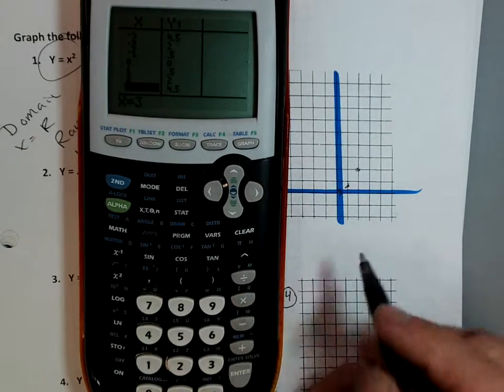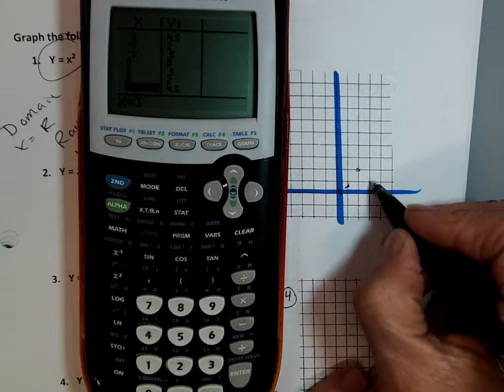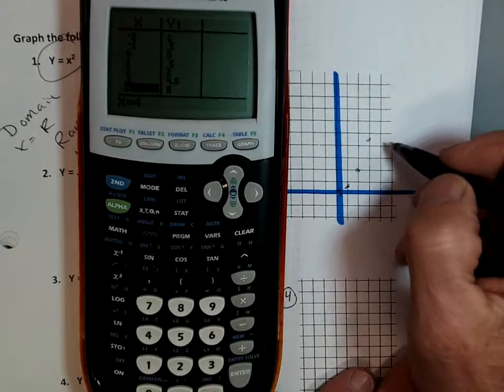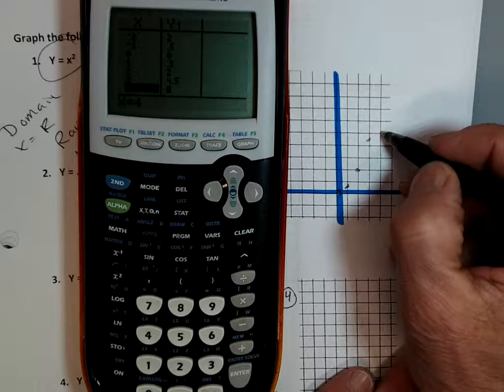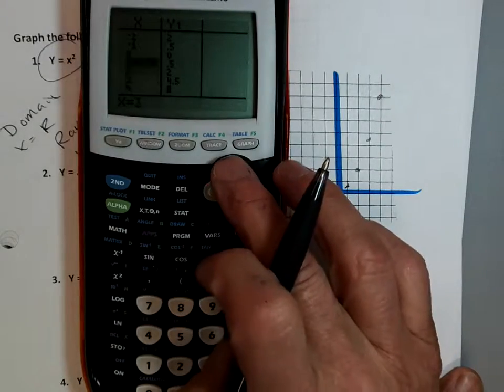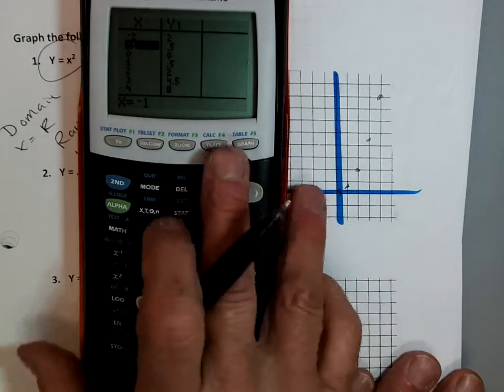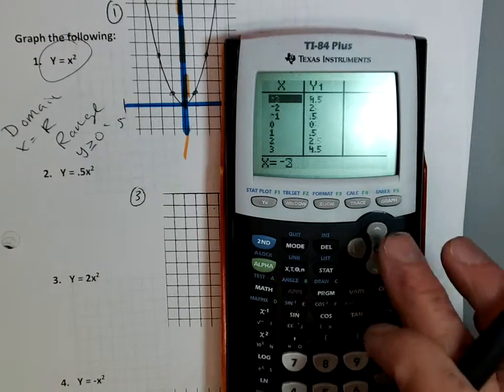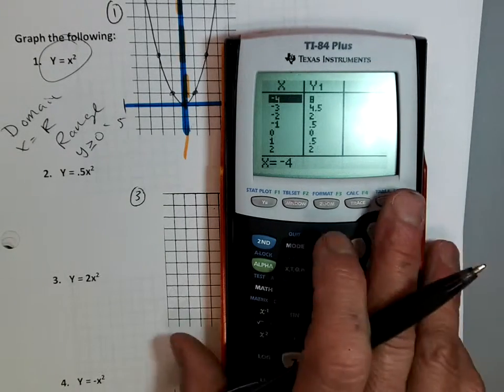I'll have a point at 3, 4.5. I'll have a point at 4, 8. And it also has the negatives in there. Look at that, negative 1, 1.5. I don't know if you guys can see it. There you can see it. It's got a value at negative 2, 2, negative 3, 4.5, and negative 4, 8.